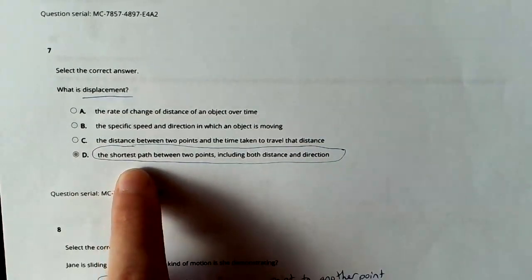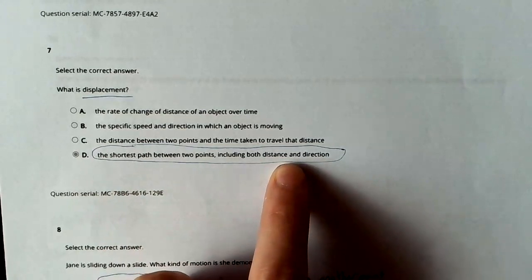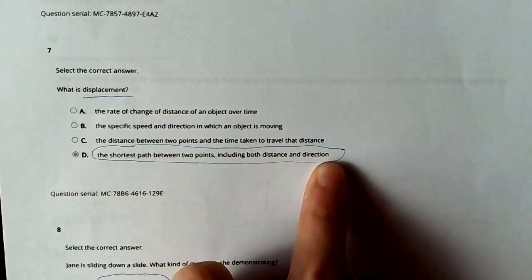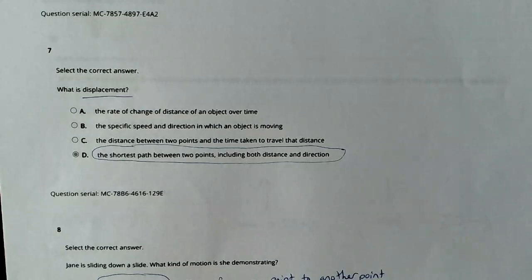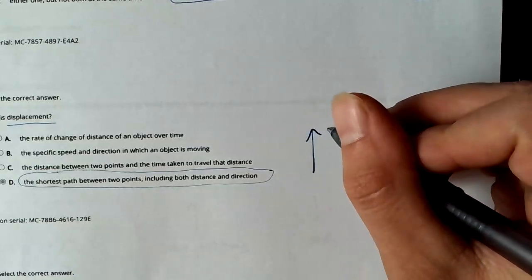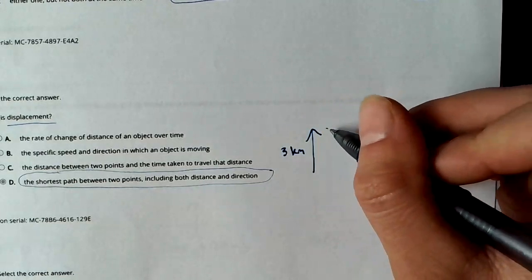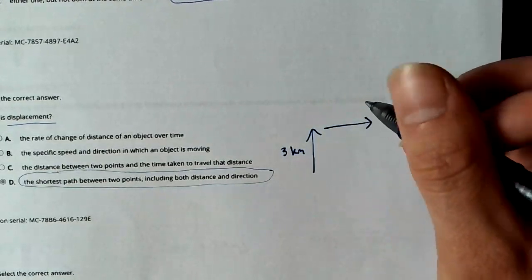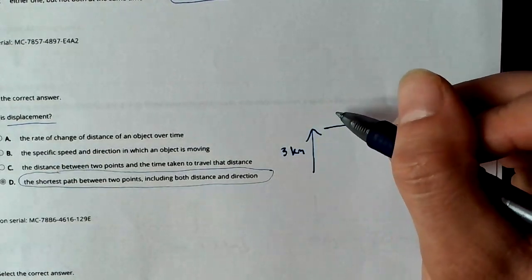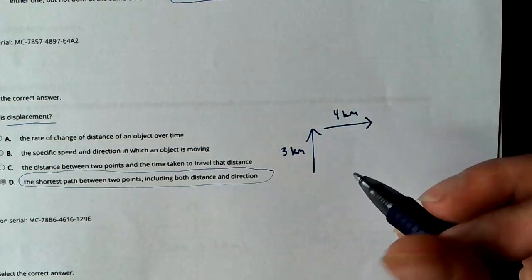Displacement, that is the shortest path between 2 points, including both distance and direction. Okay, so for instance, say you went up 3 kilometers and then to the right 4 kilometers.